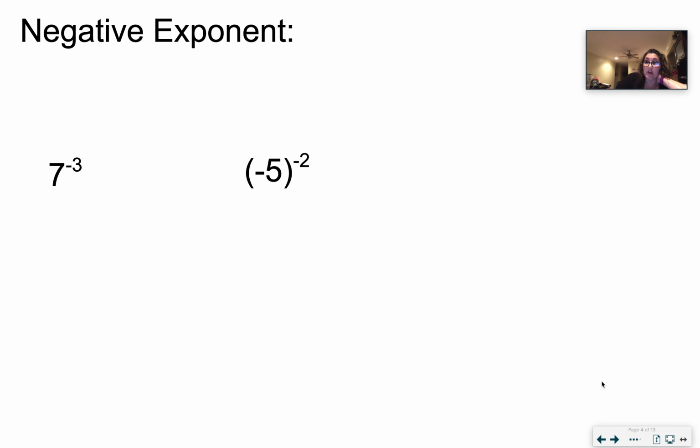Negative exponents. So did you remember that when we had the 10 to the 0, we said that's 1. 10 to the negative 1, that became 1 over 10, right? So when you have a negative exponent, you have to flip the base to the opposite.